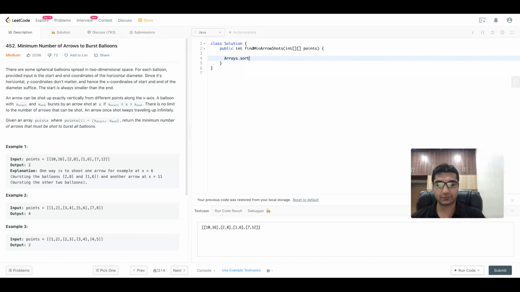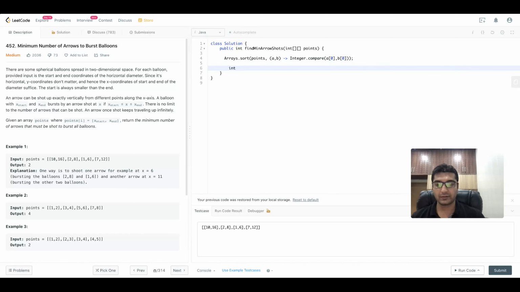First, we need to sort the array points on the basis of the starting coordinate.